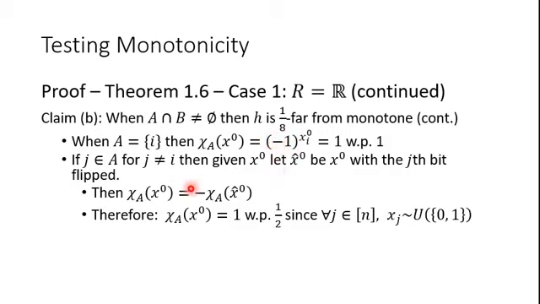So one of them will be negative and the other will be positive, and so they will have flipped signs. So in this case, what we can understand is that chi A of x0 will be 1 with probability half, because every j in 1 through n has probability half of being 1 and probability half of being 0.